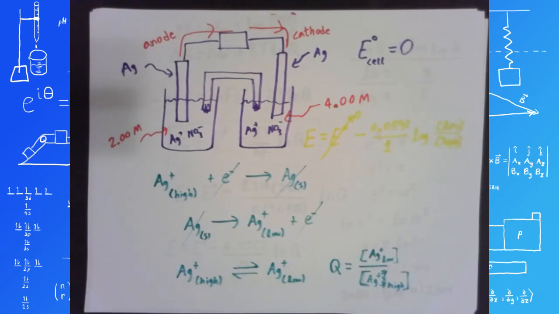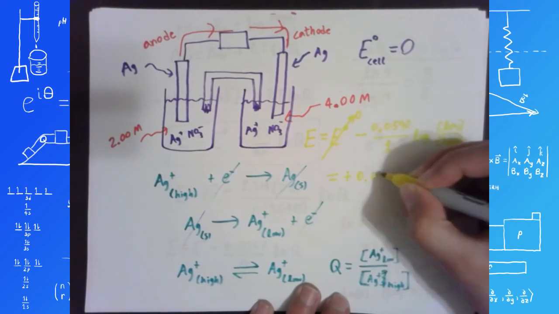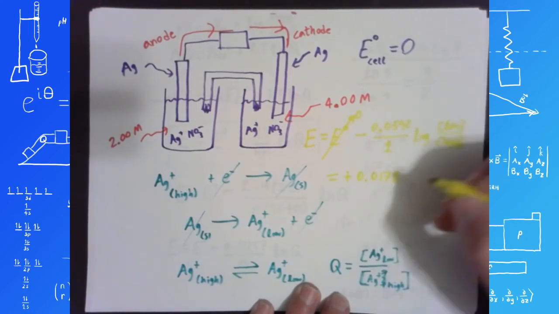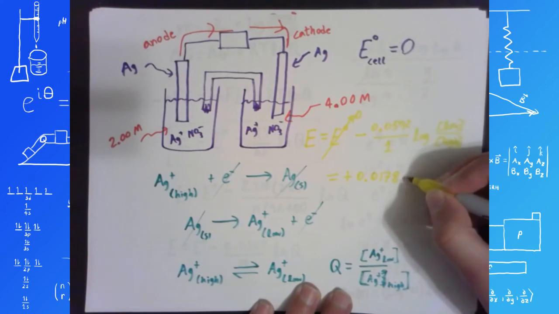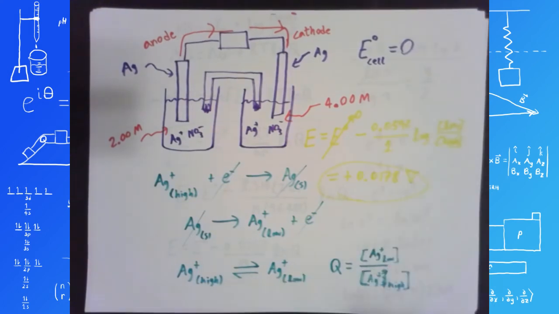Negative 0.301 times negative 0.0592 over 1 is positive 0.0178 volts, or joules per coulomb.